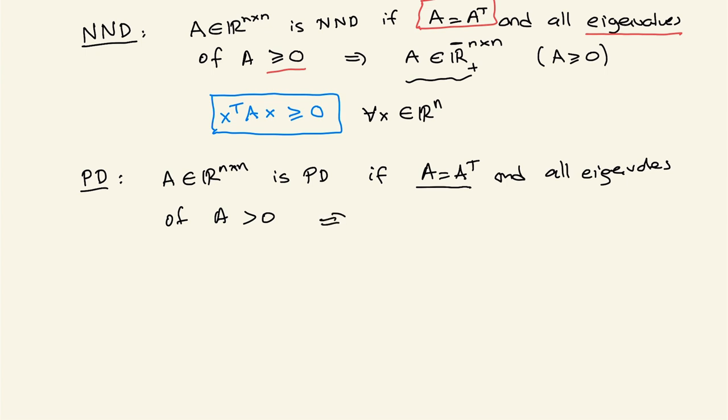In this case, we show A in R plus or some others. Again, the key property here is this.